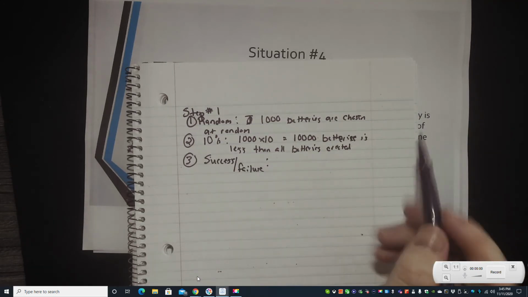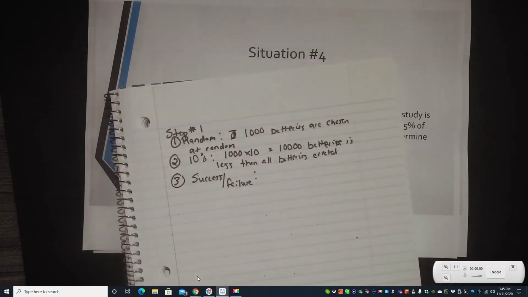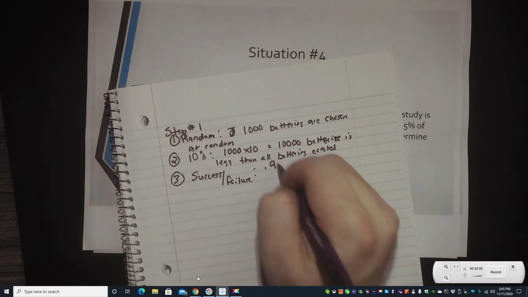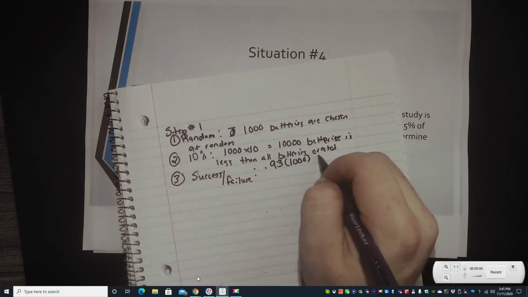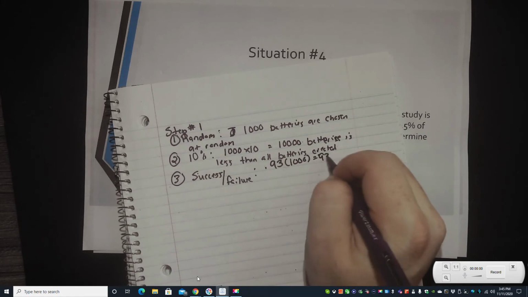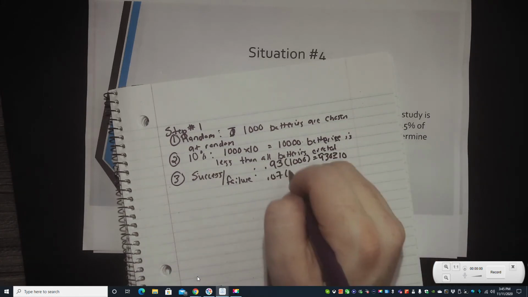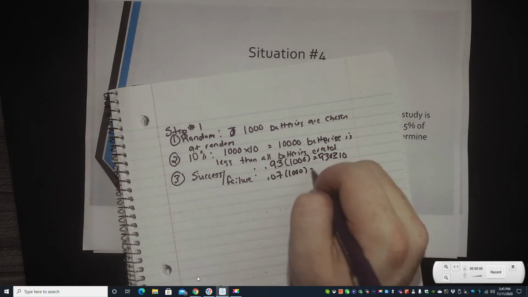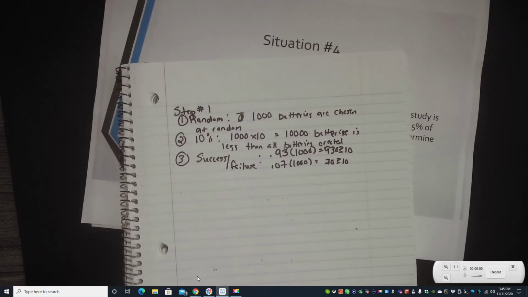My percentage was 93, so 0.93 times 1,000 gives me 930, which is greater than or equal to 10. 0.07 times 1,000 is equal to 70, which is greater than or equal to 10. That gives me enough to move forward.